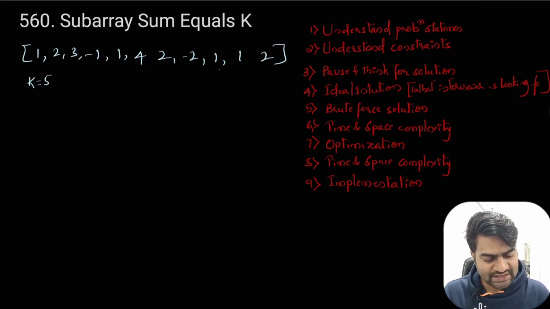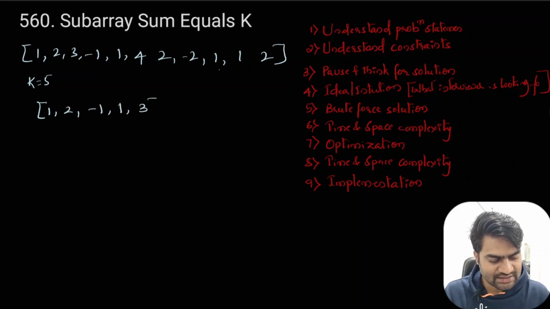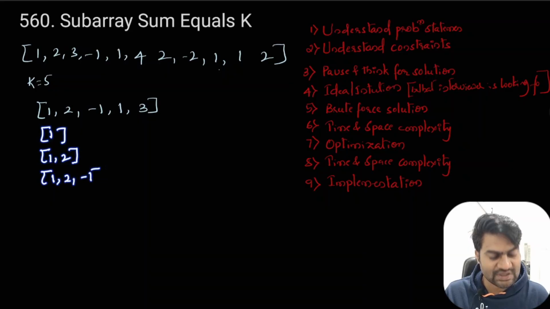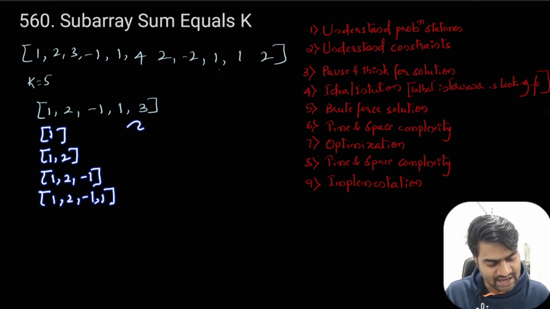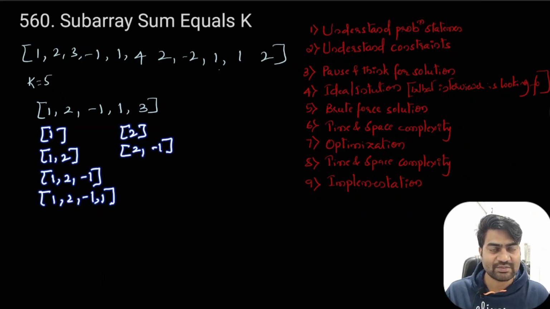Let us take a small example, maybe something like 1, 2, minus 1, 1, and then 3. If this is our array, then in this particular array, 1 can be our subarray, then 1 comma 2 can be another subarray, then 1 comma 2 comma minus 1 can be another, then 1 comma 2 comma minus 1 comma 1 can be another, and 2 can be a subarray, then 2 comma minus 1 can be another subarray, and so on.